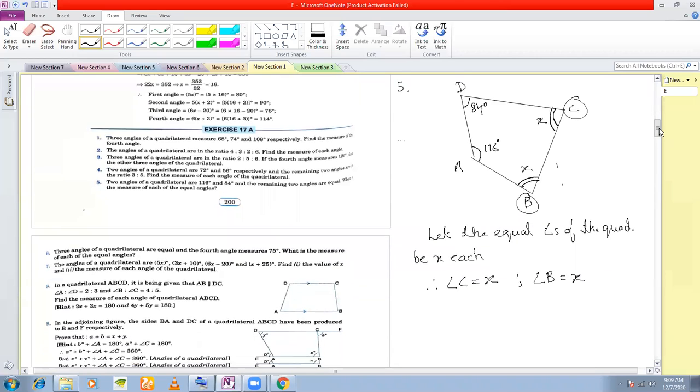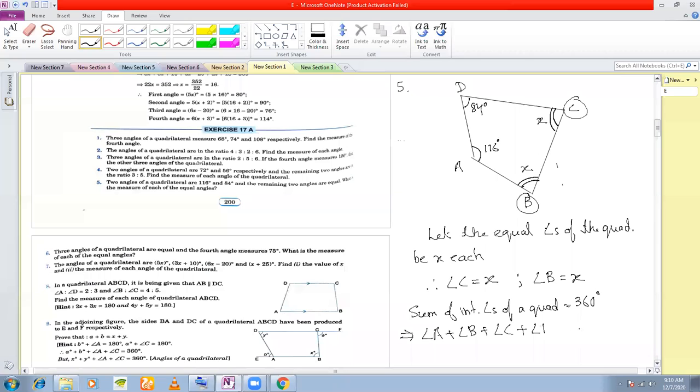Now we shall use that the sum of interior angles of a quadrilateral is equal to 360 degrees. What is the sum? Angle A plus angle B plus angle C plus angle D is equal to 360 degree.